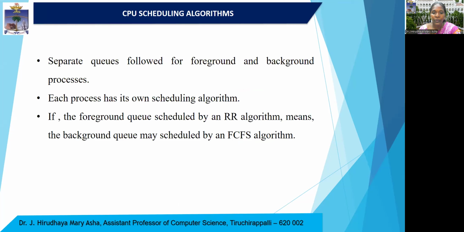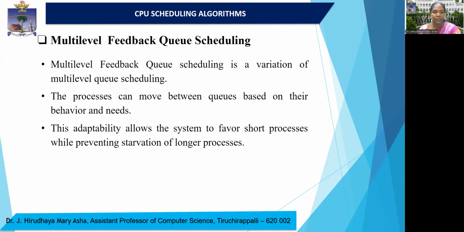A separate queue will be followed for both the foreground and the background processes, and each has its own scheduling algorithm. For example, if the foreground queue follows the RR algorithm, that means round robin, the background queue may use an FCFS algorithm. There is no need for both to use the same type of algorithm.